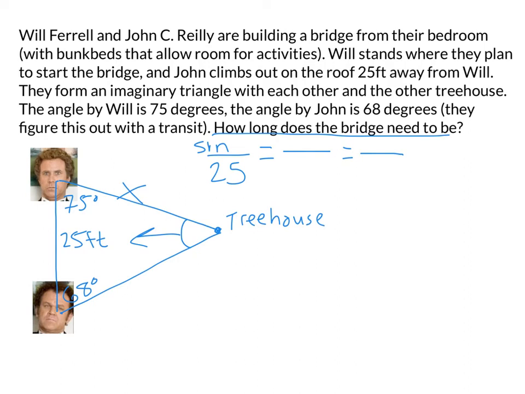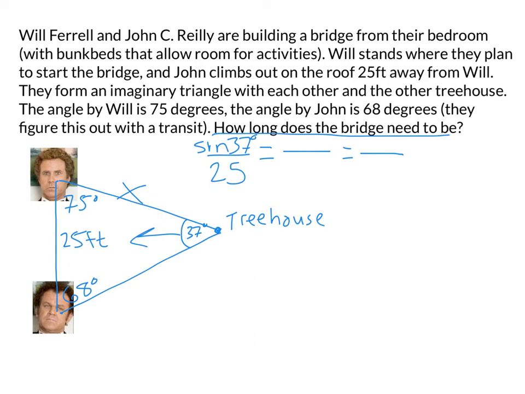How about, how many degrees are in a triangle again? 180 degrees in a triangle? Well, if I take 75 and 68, add them up and subtract them from 180, I'm going to get 37. Cool. So I'm taking the sine of 37 over the 25 feet.